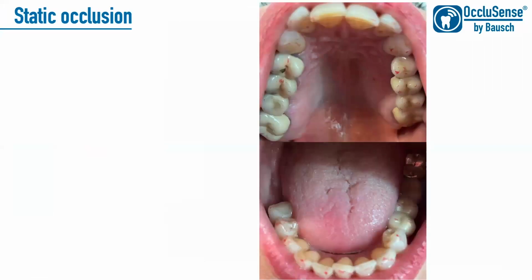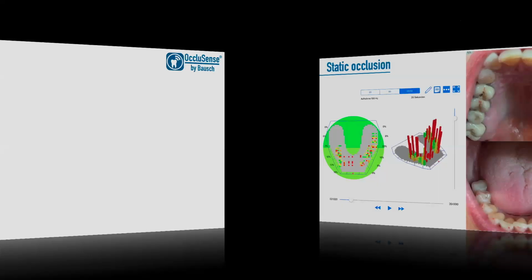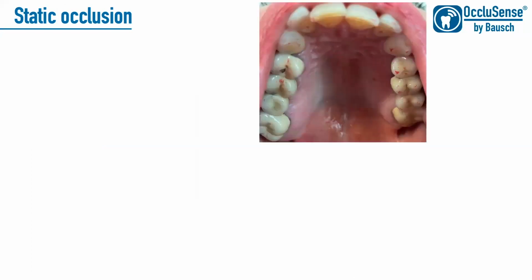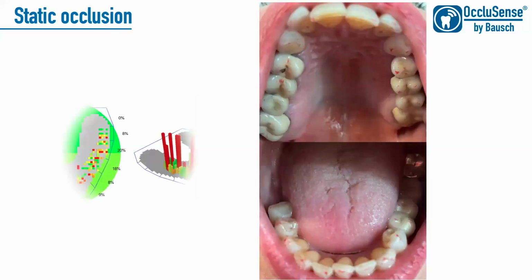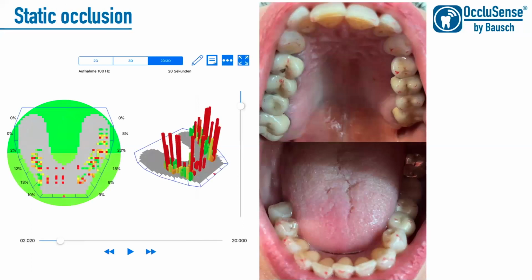So this is a patient where we've looked at the static occlusion, which is pretty much balanced. I'm going to go back. This was a bit too fast. I'm sorry. So if we look at this occlusion of our patient, this is pretty much balanced. Don't be irritated by the emptiness of the right-hand side in the molar region, because this patient doesn't have antagonizing teeth in the fourth quadrant, so obviously no pressure change can be detected.